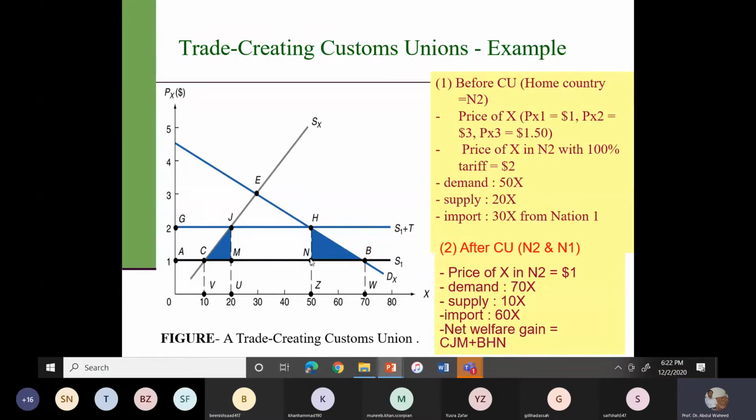This is the international price; now the domestic price would be $2. The domestic supply is 20 units, the domestic demand is 50 units, and imports would be 30 units from nation 1. So nation 2 will import 30 units of X from nation 1, with the 100% tariff.